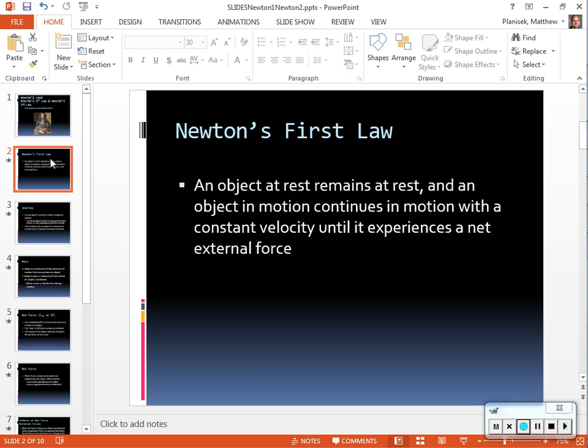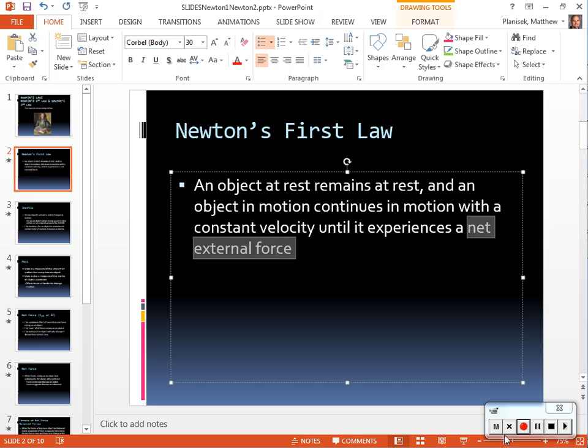An object at rest remains at rest. An object in motion continues in motion with a constant velocity until it experiences a net external force. That's the gist of inertia, right? So then we turned our attention to the net external force part.